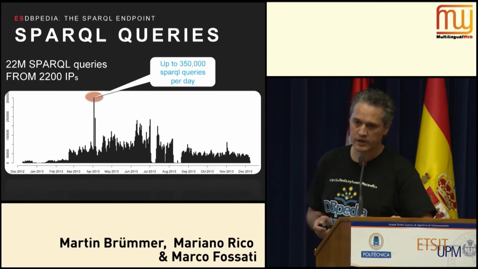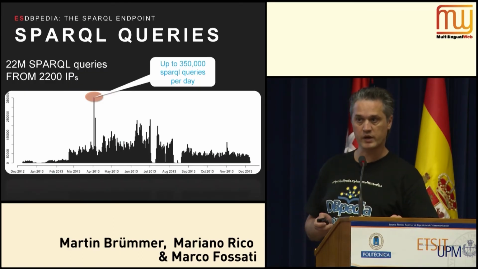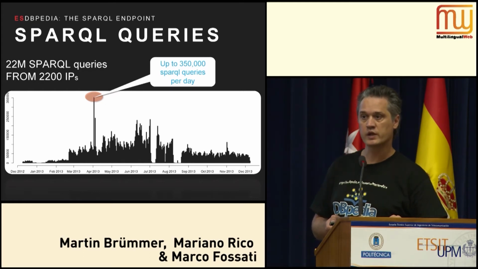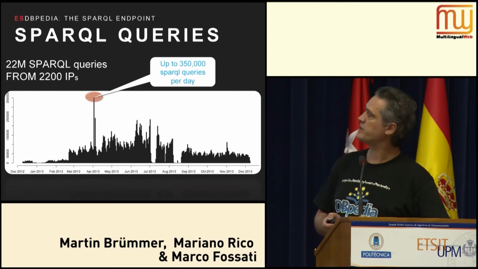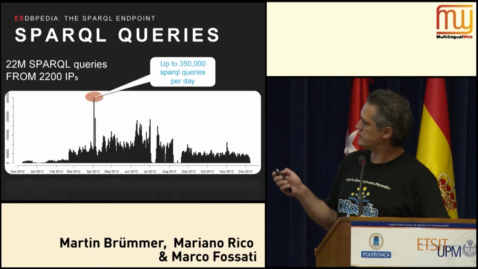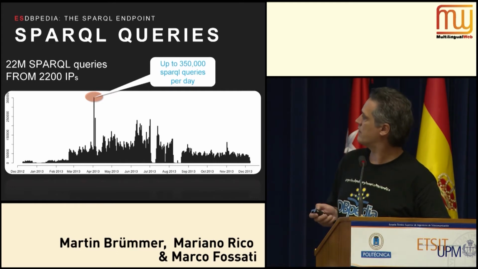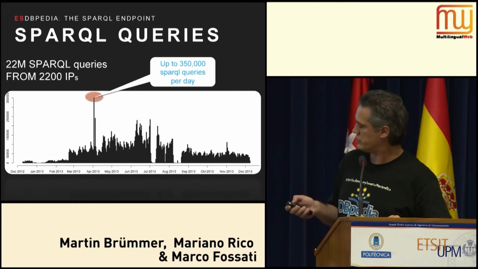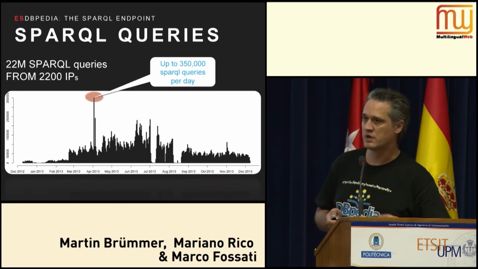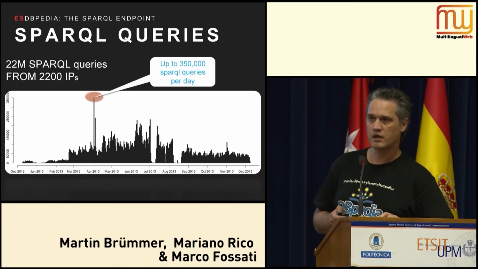And concerning the SPARQL queries made to the Spanish DBpedia, these are the queries made in the year 2013, and you see that there are some special days that you get a lot of requests.